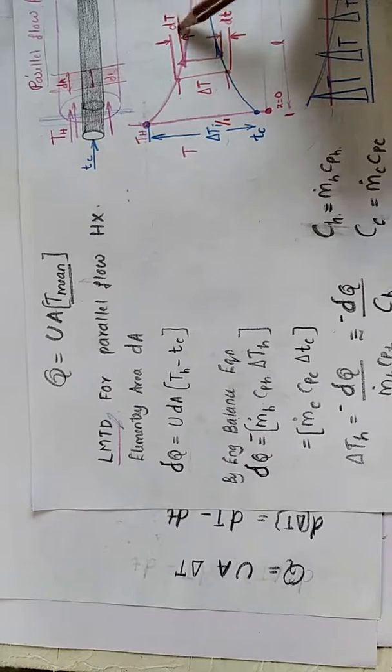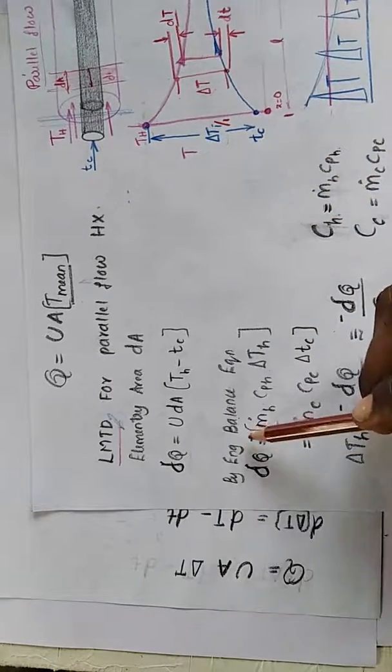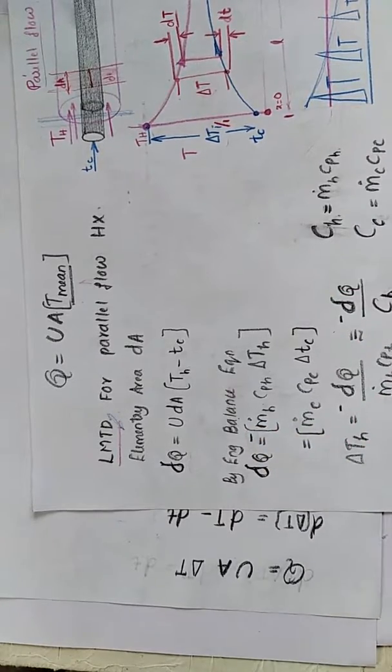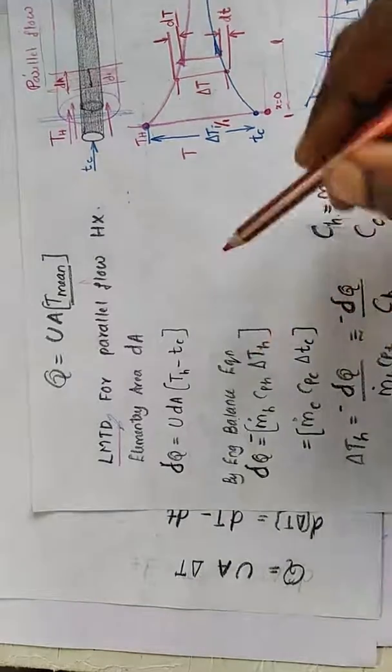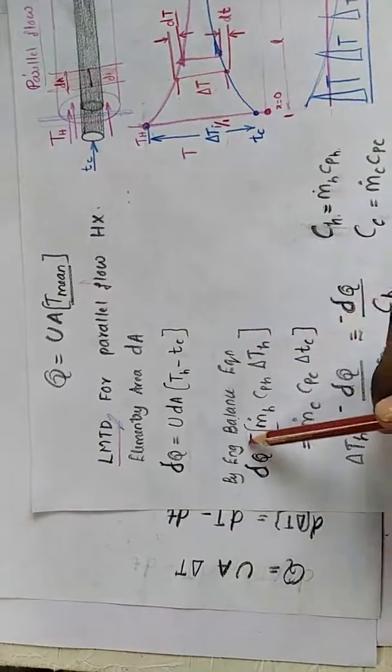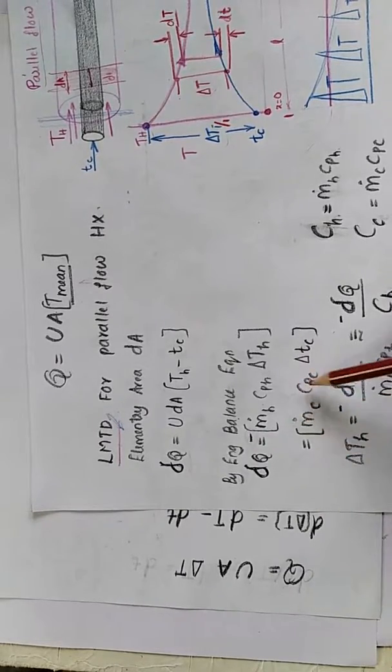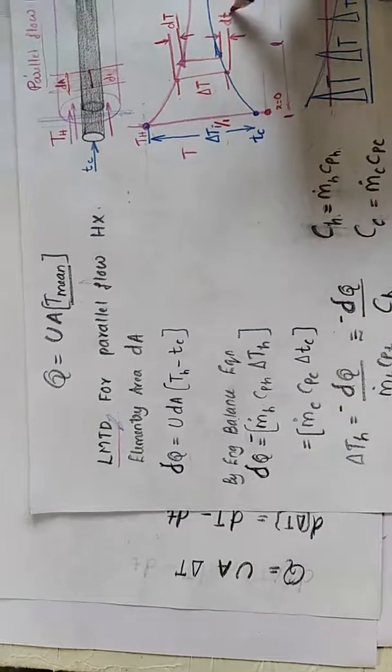The minus indicates that heat is going out from the body, that means heat is given out from the system. Similarly, for the cold fluid, delta Q is equal to the mass flow rate of the cold fluid into the specific heat capacity of the cold fluid into dTc.